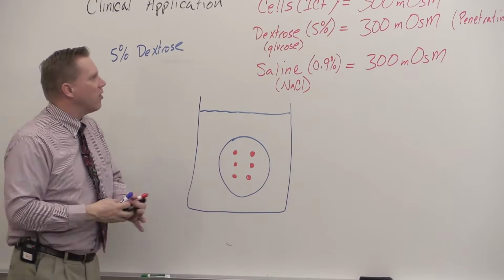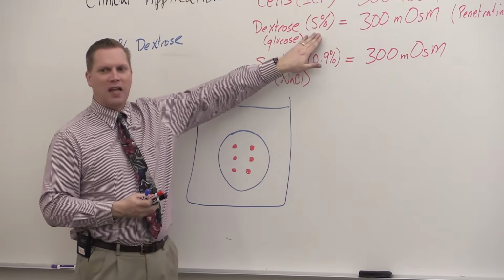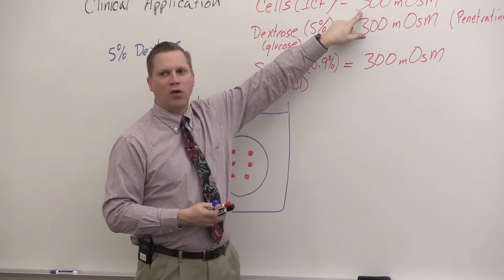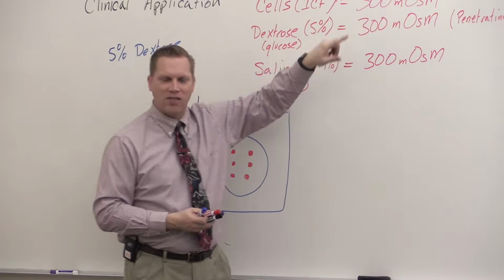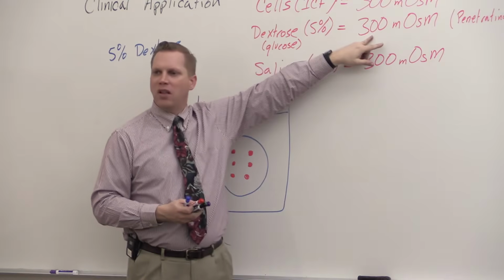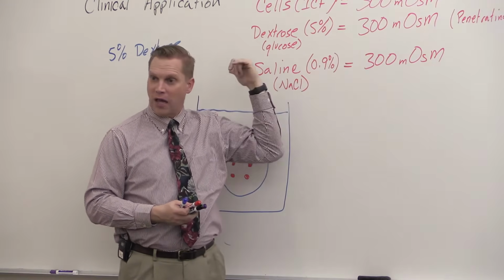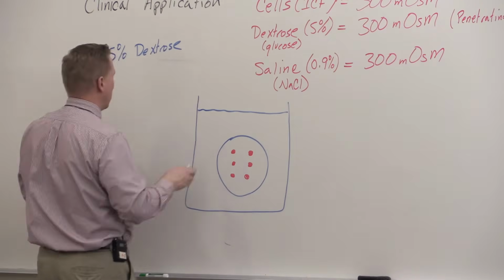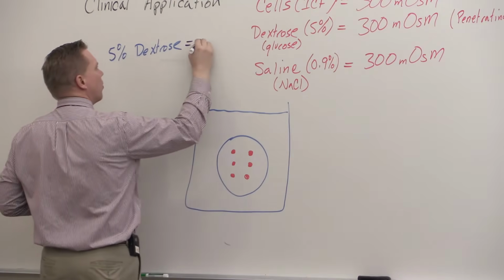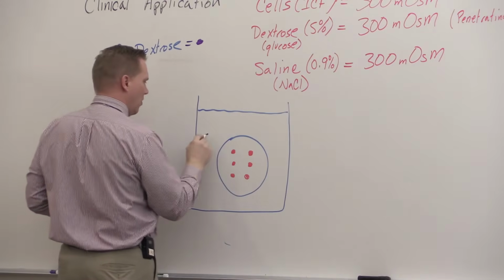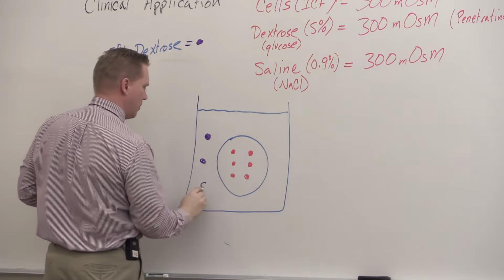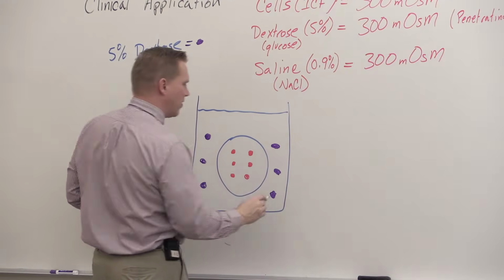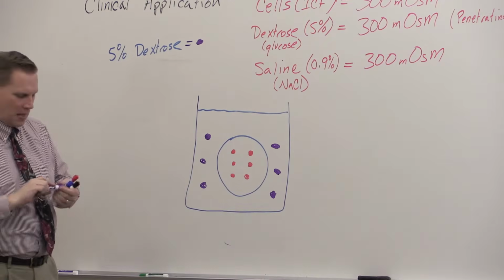Now, on the outside, I have a 5% dextrose. Well, if I represented 300 milliosmolar inside the cell with 6 dots, then I should also represent the 300 milliosmolar outside of the cell with 6 dots also. So we'll draw 6 purple dots here representing that solute.